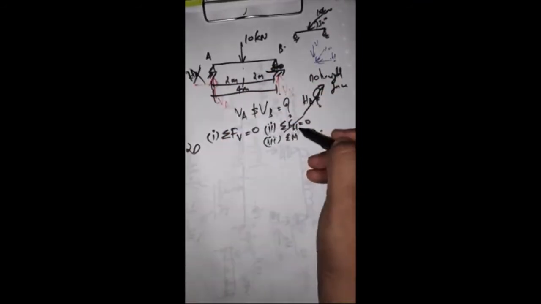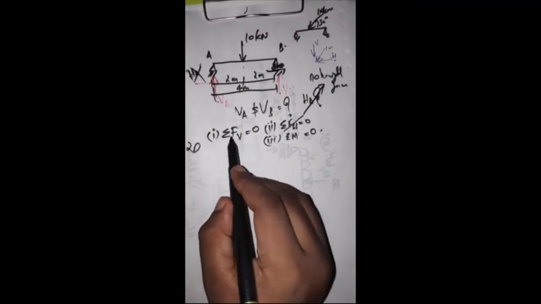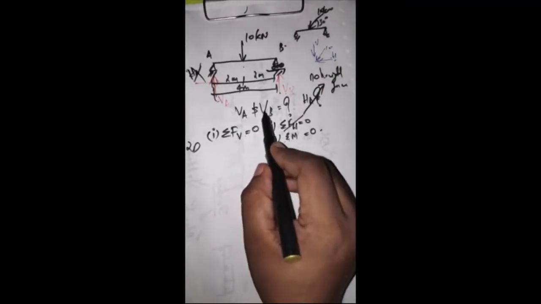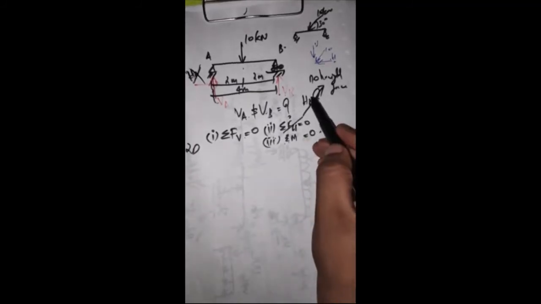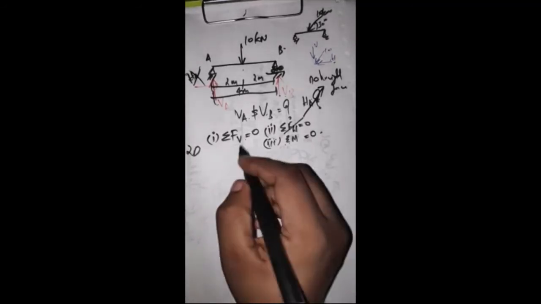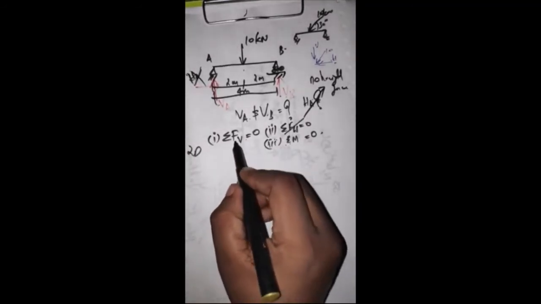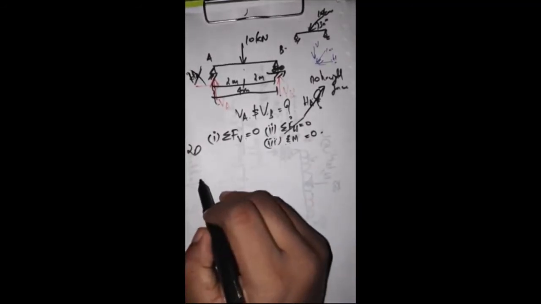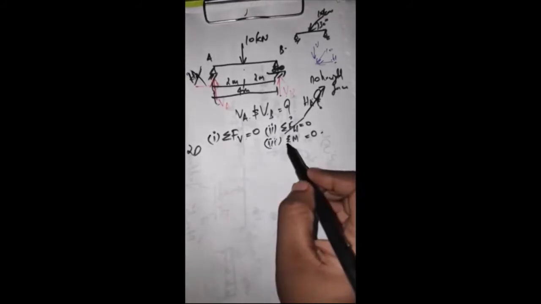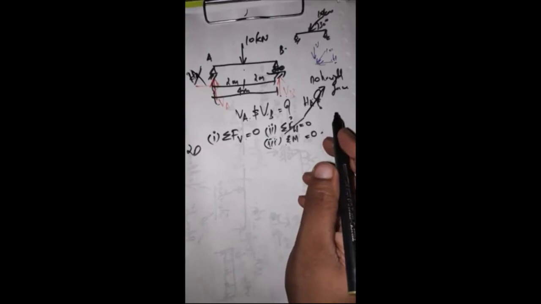So we can only use these two equilibrium equations to find these two unknowns. Since no horizontal force is there, no equilibrium condition for horizontal force can be taken. So we are having two: sigma FV is equal to 0, that is, vertical force should be equal to 0, and moment should be equal to 0.